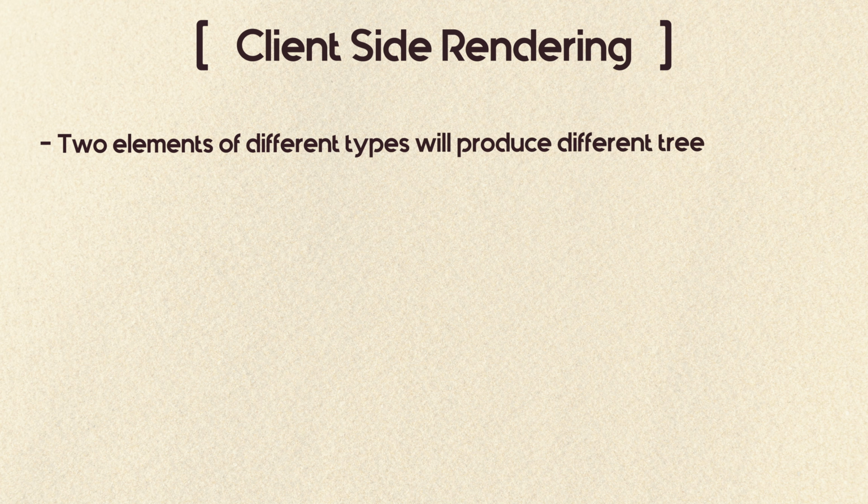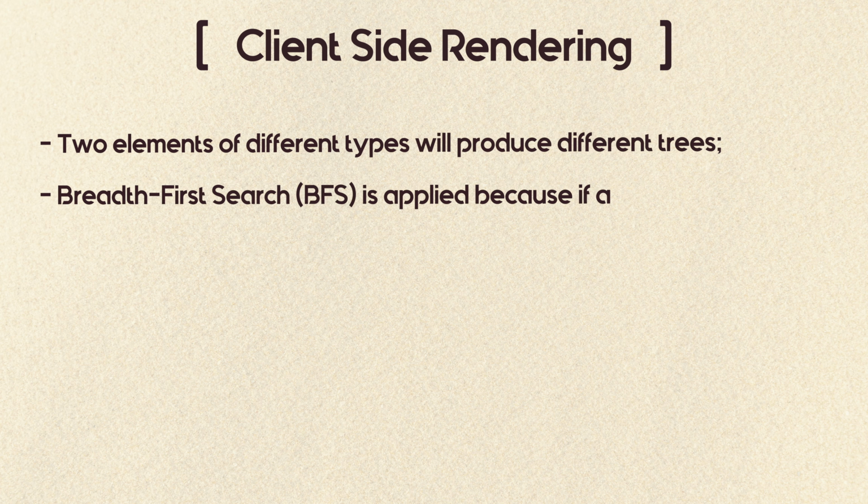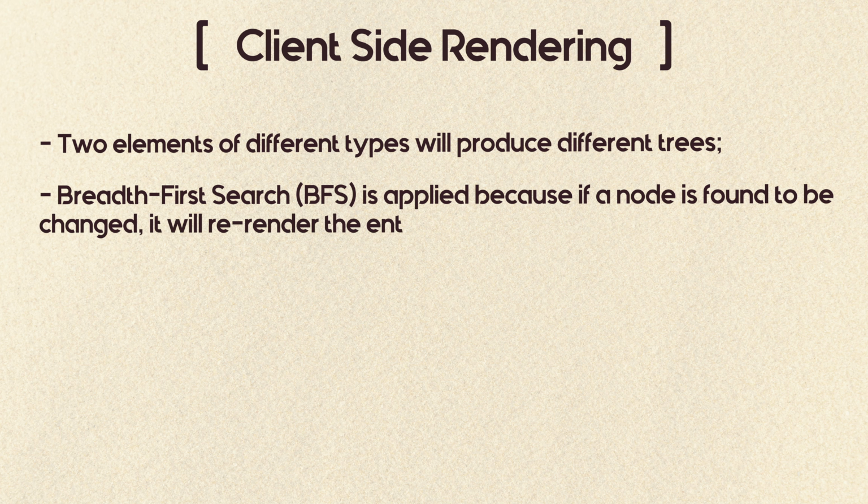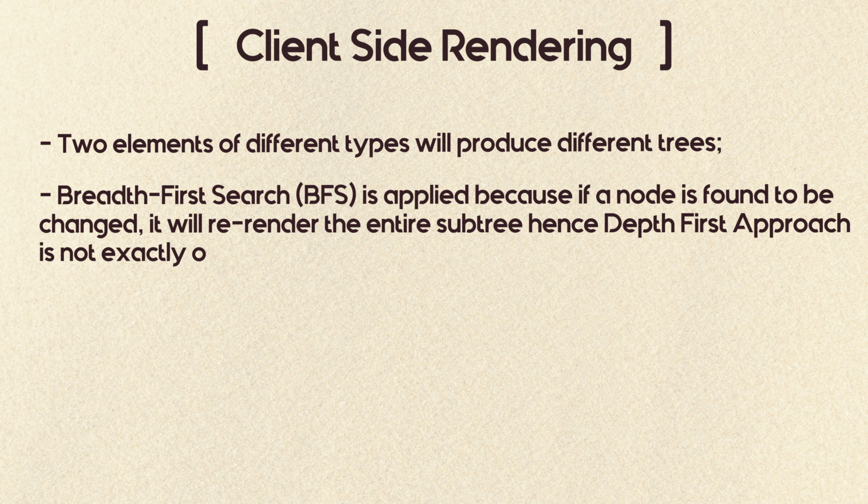Here are some concepts used by the diffing algorithm. Two elements of different types will produce different trees. Breadth first search is applied because if a node is found to be changed, it will re-render the entire subtree. Hence, a depth first approach is not exactly optimal.